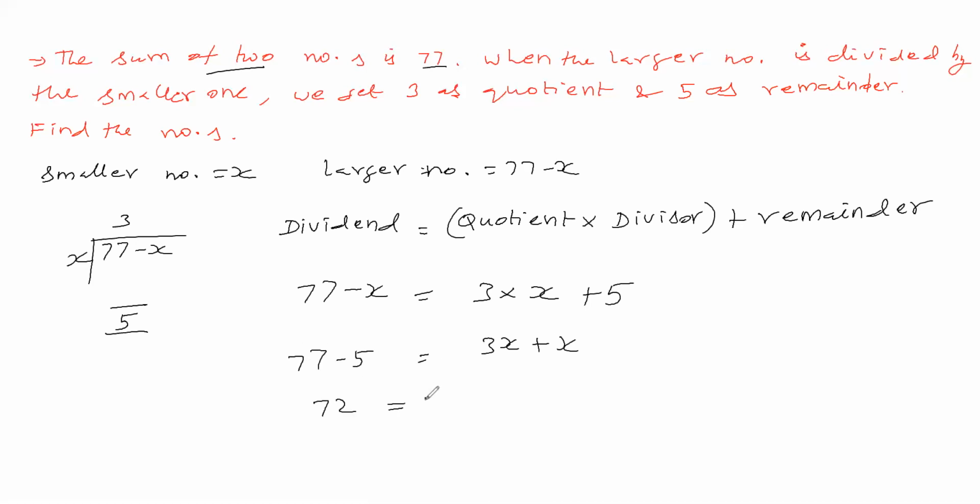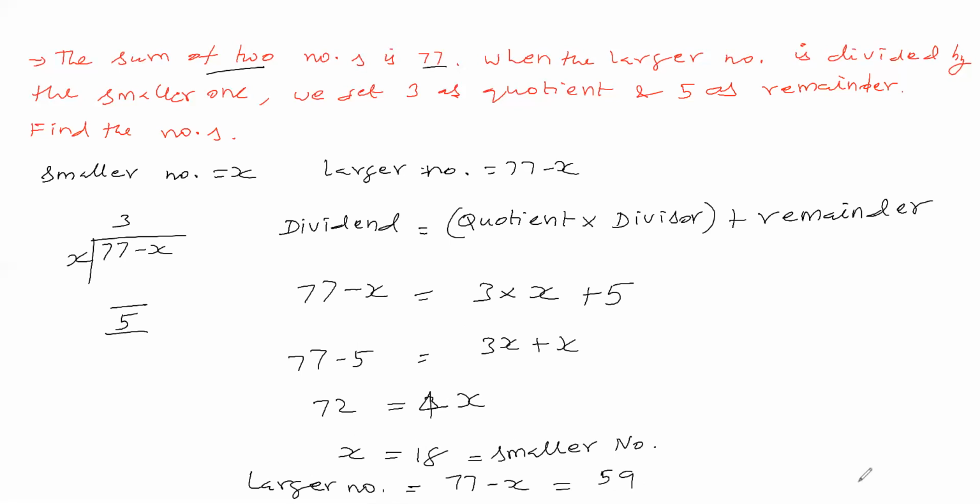Therefore 72 is equal to 4x. Therefore x is equal to 18. So this x is the smaller number. The larger number is 77 minus x, so substituting x, we get the larger number 59.